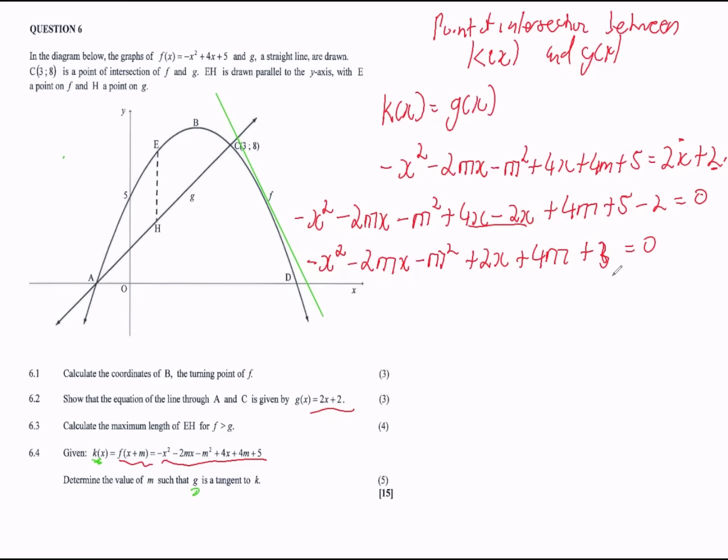Okay, so at this point, what do we do? If I just divide throughout by negative 1, so that I keep this one as a positive, this will be positive x squared plus 2mx plus m squared minus 2x minus 4m and then minus 3 is equals to 0, right?